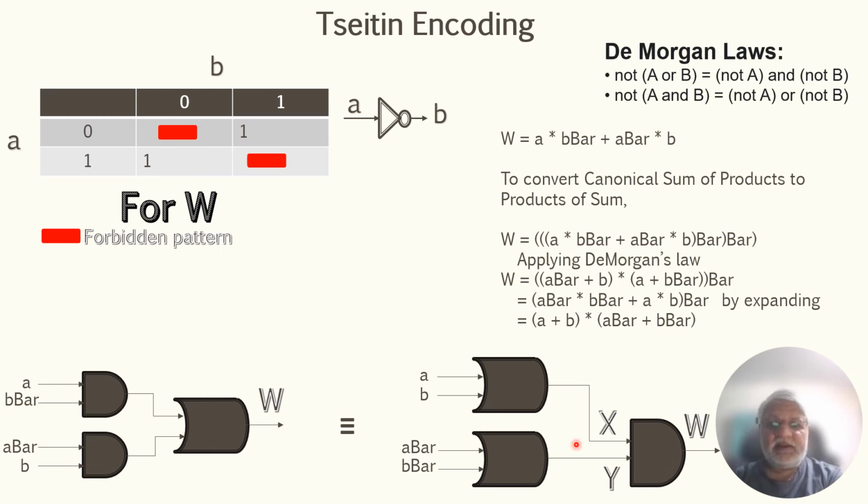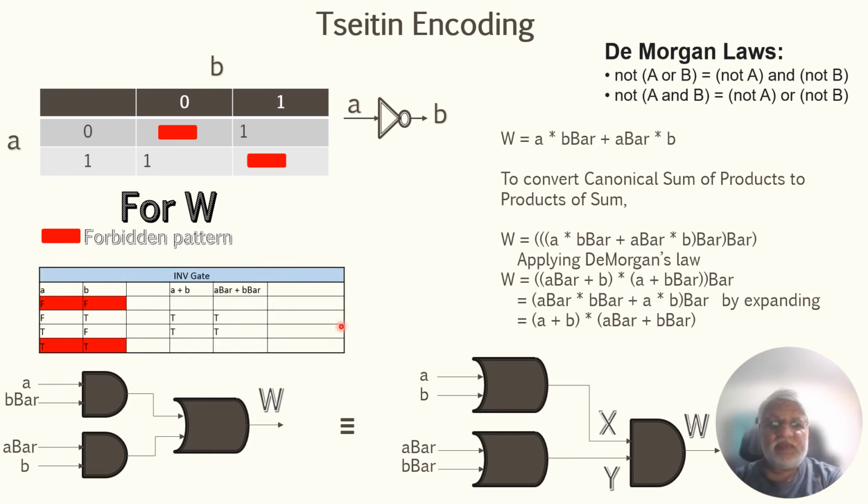And how this W will come in a truth table is, when A and B are false and true, A plus B is true, and A bar plus B bar is true. Similarly, when A is true, B is false, then A plus B is true and A bar plus B bar is true.